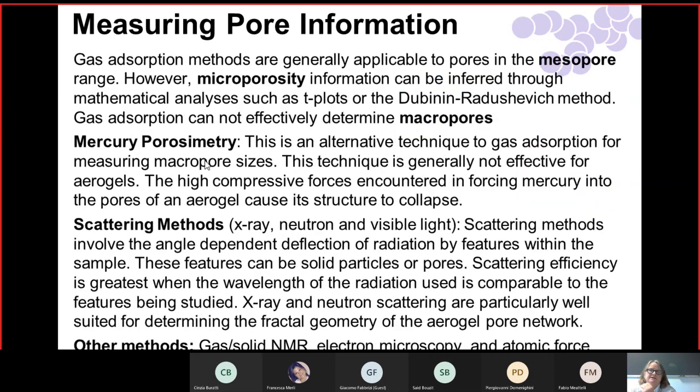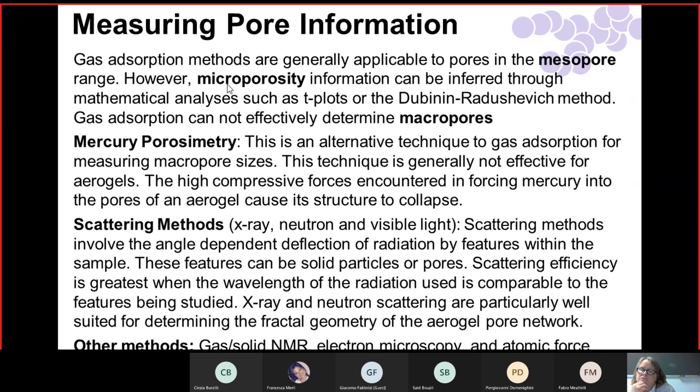I hinted that they're generally applicable, so the gas adsorption methods are applicable in the mesoporous range. So when you use it, we're only going to get the pore volume of pores that are between 2 and 50 to 100 nanometers, something like that. There are techniques to use the information we acquire to calculate the microporosity, to figure out how many pores are less than 2 nanometers.